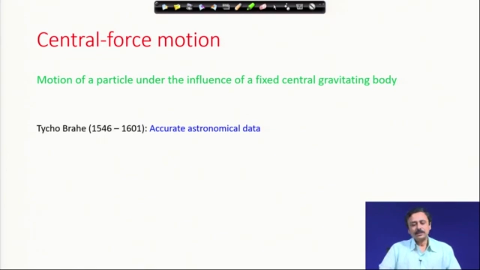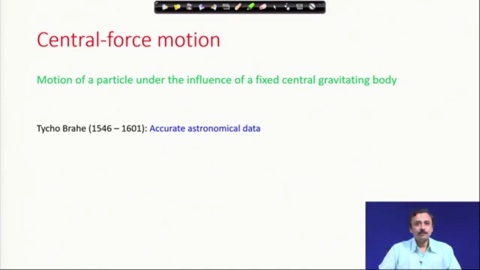Now, all this started with Tycho Brahe. People might have observed many things before, but Tycho Brahe, who was a Danish nobleman and a wealthy one, had varied interests, and one of his interests was collecting astronomical data.